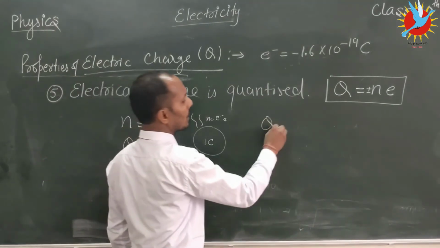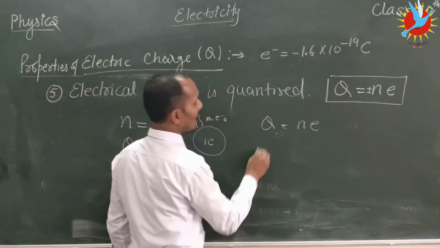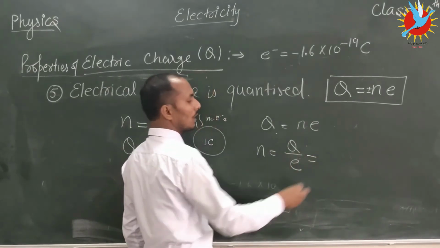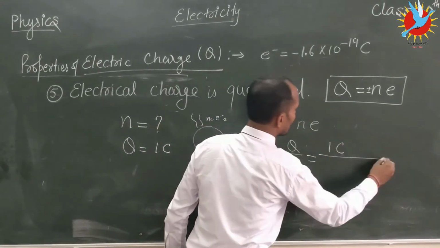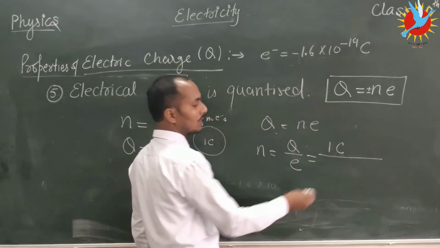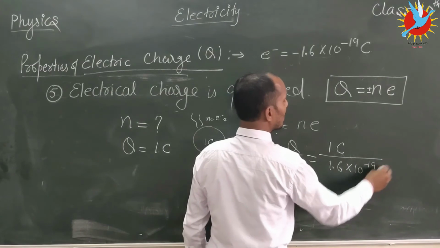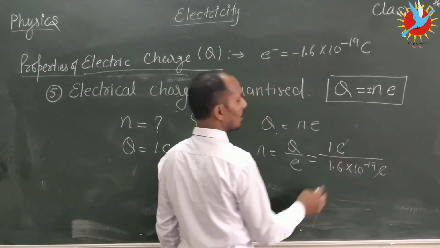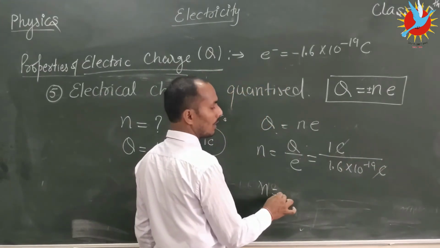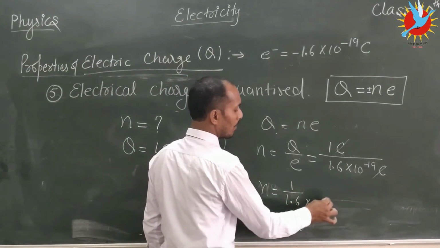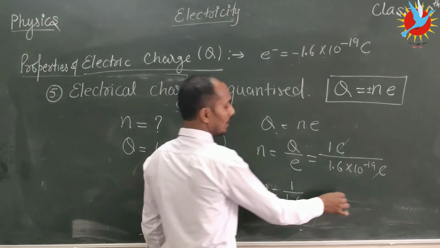Then use this formula. Q is equal to Ne, so N is equal to Q by e. We want to develop 1 coulomb charge, and the value of e, we know, is 1.6 into 10 raised to power minus 19 coulomb. So coulomb is cancelled out, and N is equal to 1 by 1.6 into 10 raised to power minus 19.